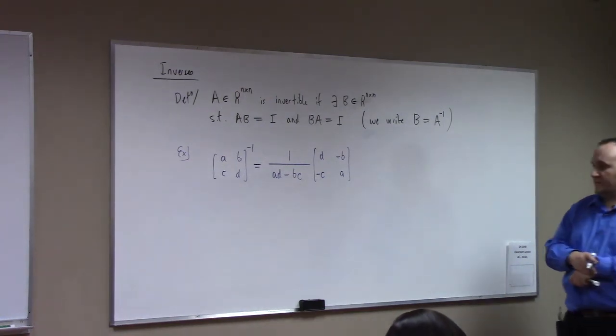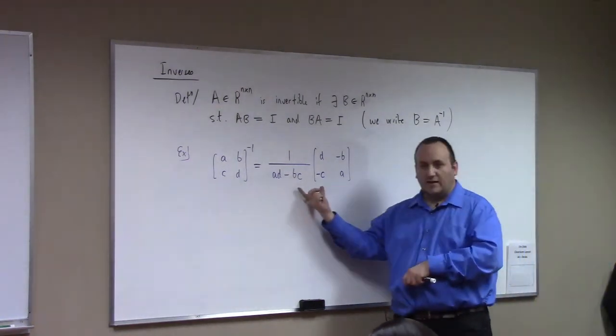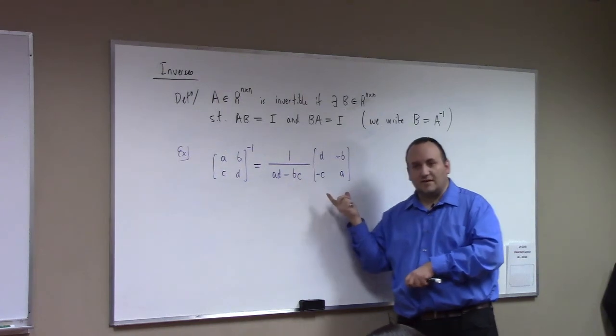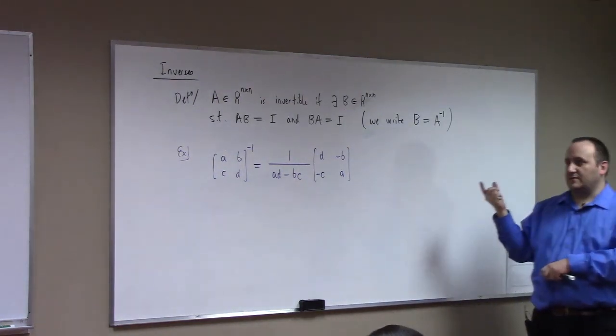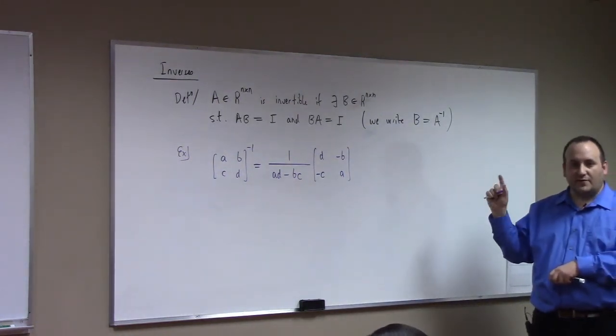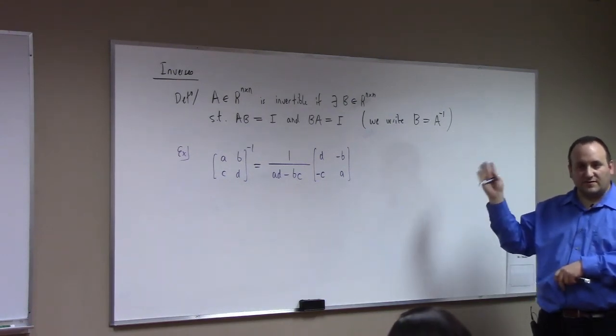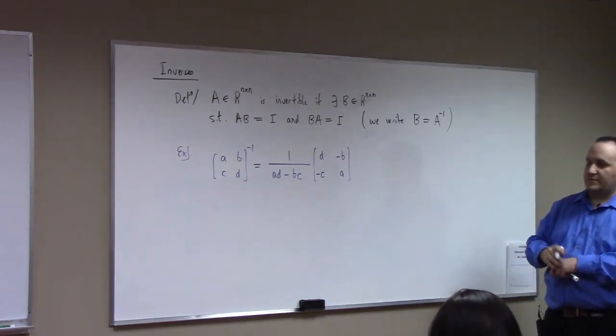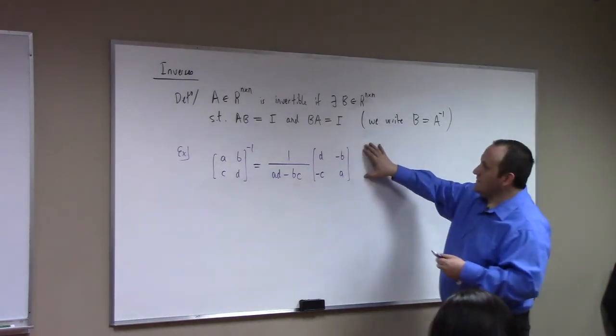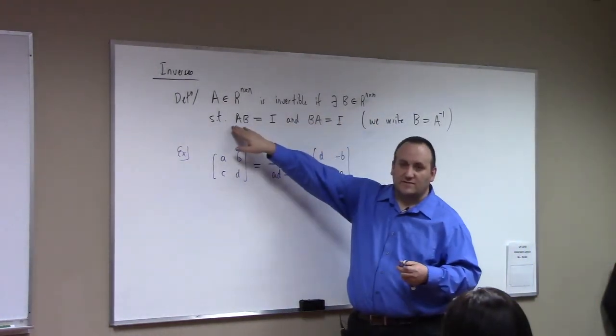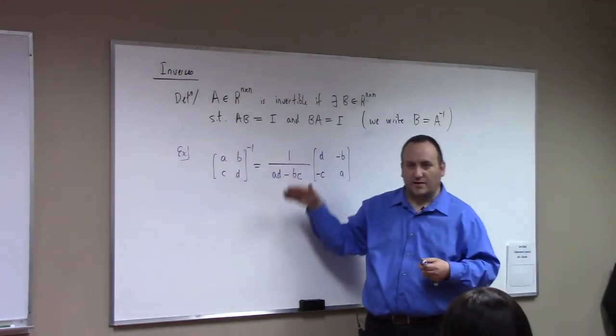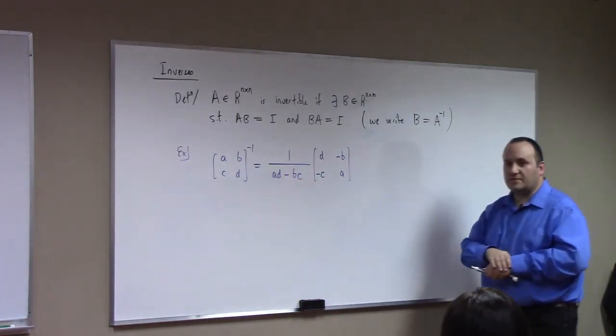Well, it's pretty simple. If you take this formula and multiply it by the matrix ABCD, what you'll get back is AD minus BC over AD minus BC for the diagonal components and 0 for the off diagonals. So the proof that this works is just to plug it back in, and you'll see that it actually does work out. So that's the formula for a 2 by 2 inverse.